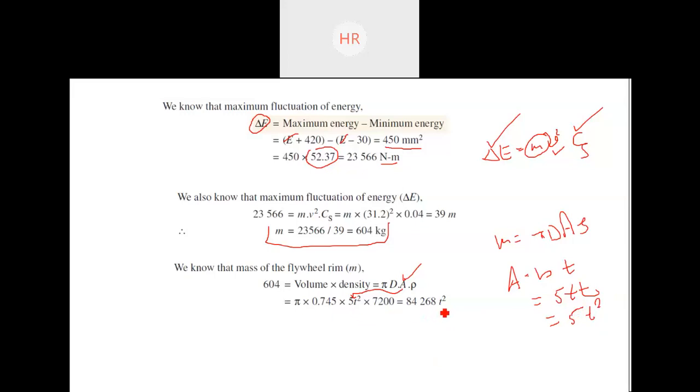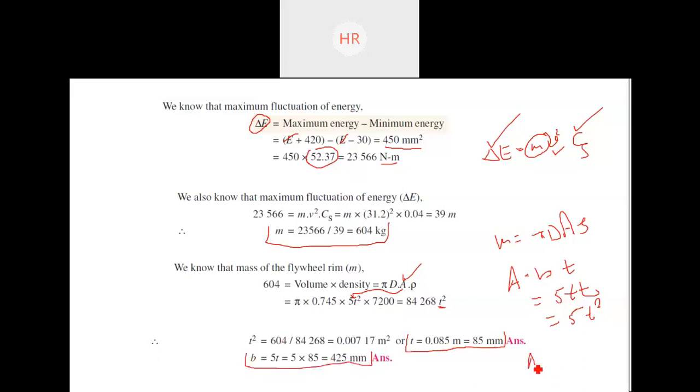Now the only unknown left is T. You can find the value of T from this equation, which we are getting as 85 mm. And from the relation of T and B, we can find the value of B. Now if you multiply, area is equal to B into T, then you can find the value of area also. Like this, you are required to find the area and diameter of the flywheel for this kind of fluctuation of energy.